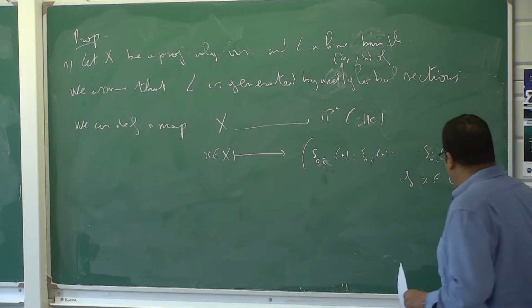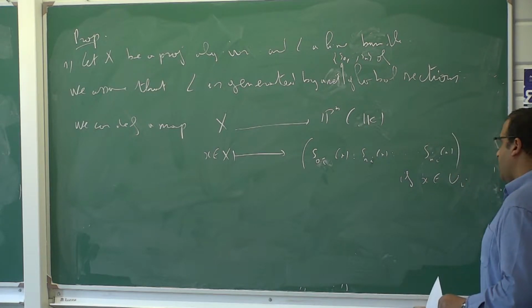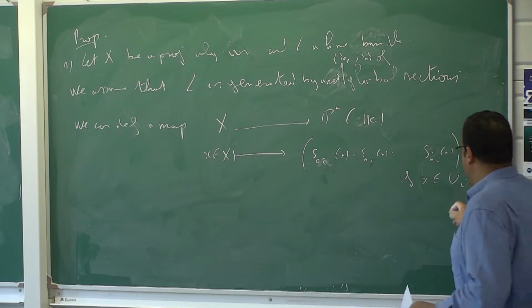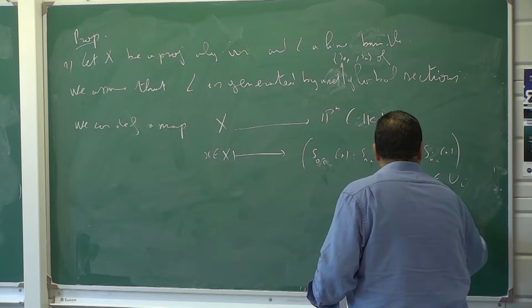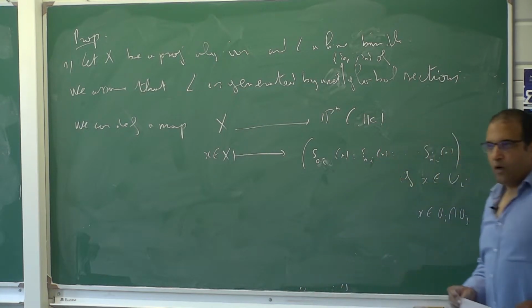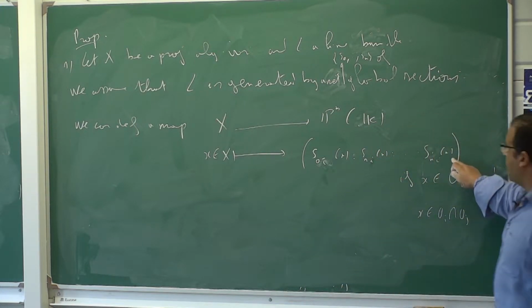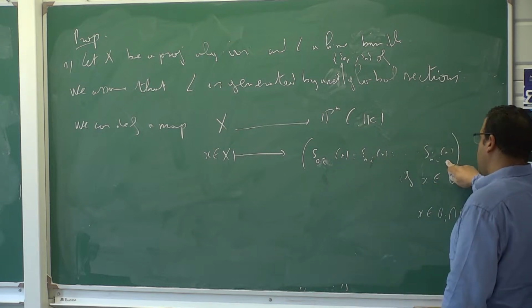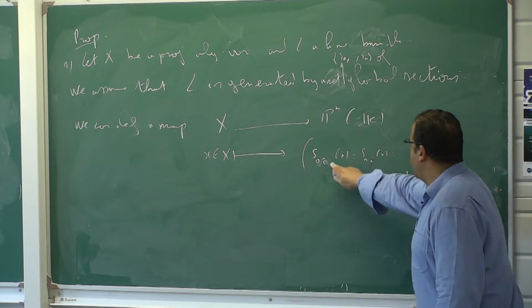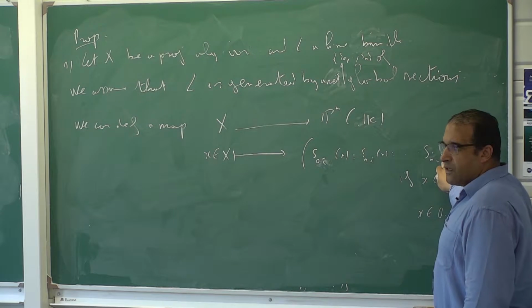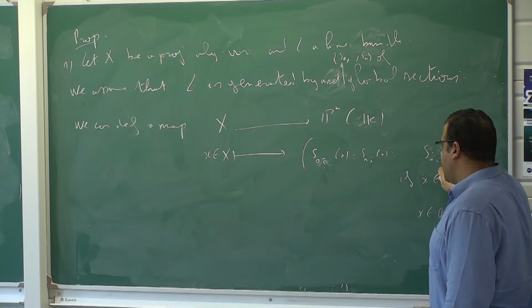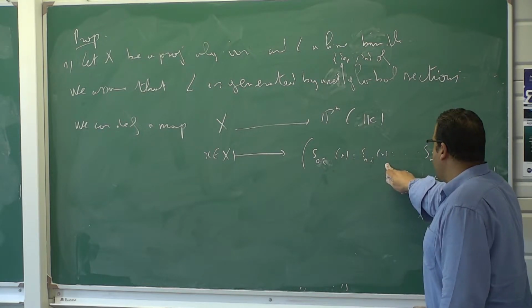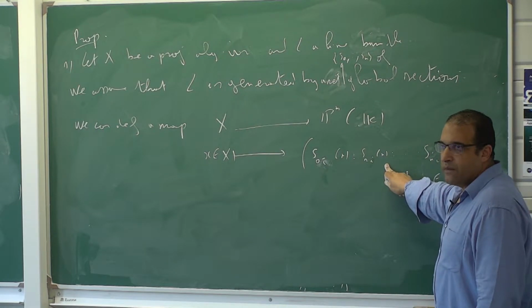And this is well defined, because if x is in the intersection of two opens, then the difference between these factors is given by the transition function.